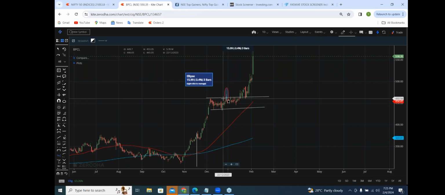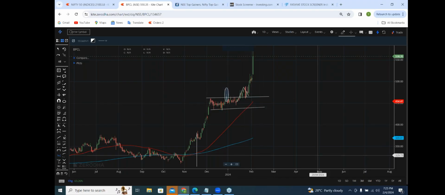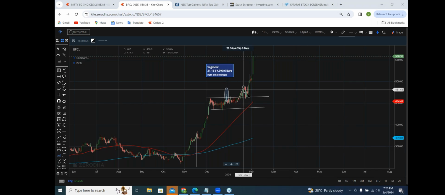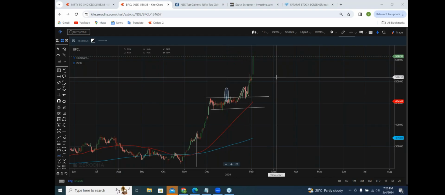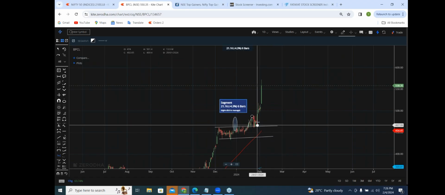It could not sustain. So what you can do, wait for a breakout, then wait for a retest. Usually, the most powerful movement will happen after a retest.